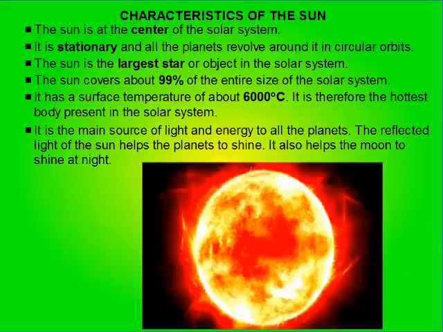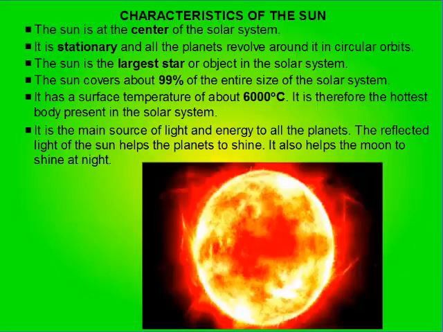It has a surface temperature of about 6,000 degrees Celsius, which makes it the hottest body present in the solar system. It is the main source of light and energy to all the planets. The reflected light of the Sun helps the planets to shine.